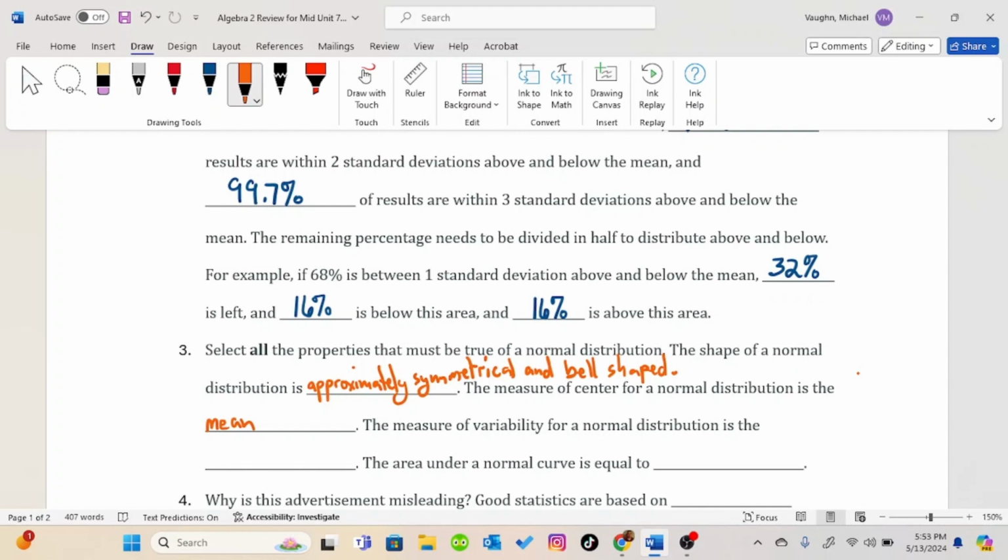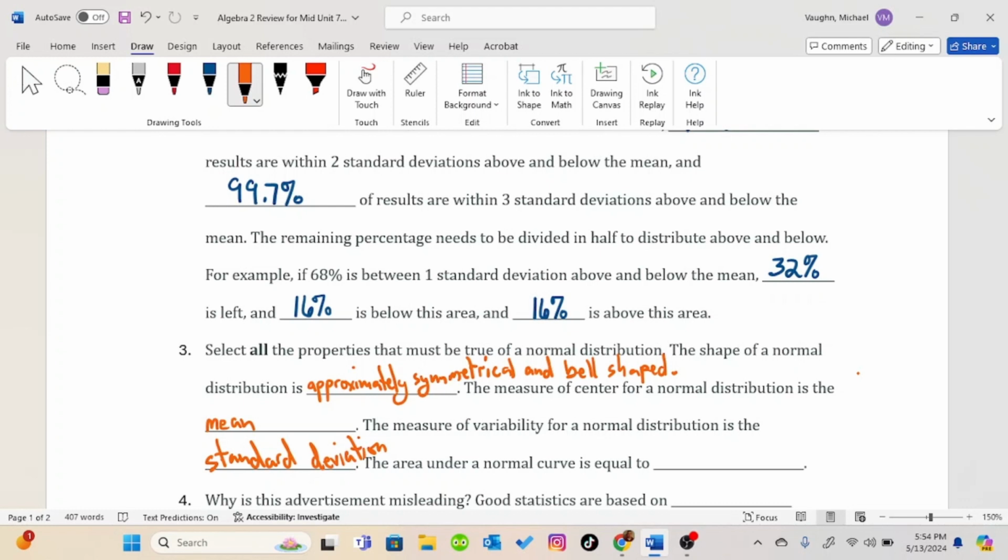The measure of variability for a normal distribution is the standard deviation. This is measuring the variability, which means it's measuring how widely spread out the data points are.